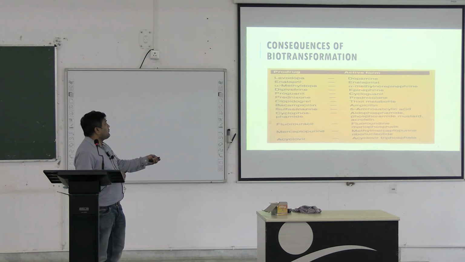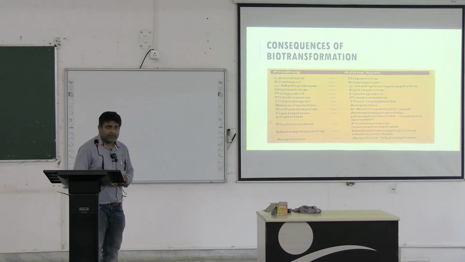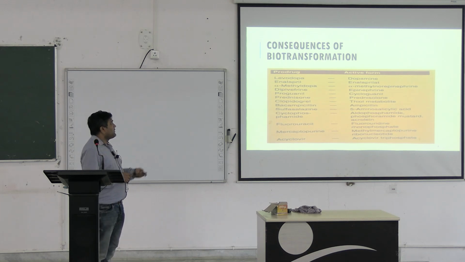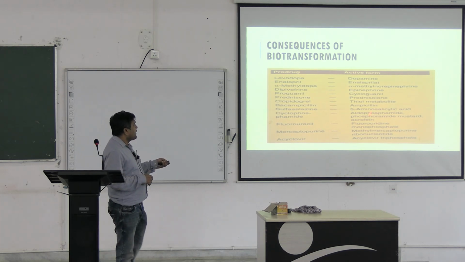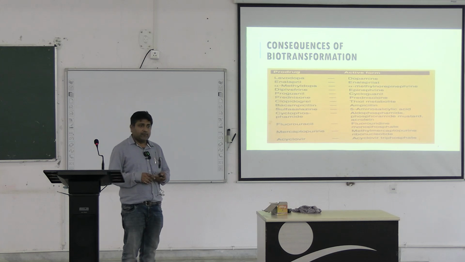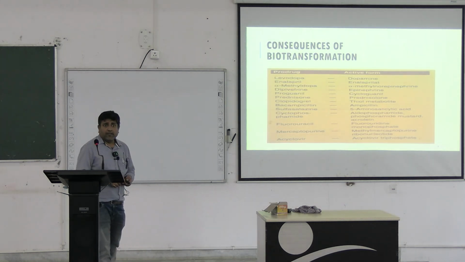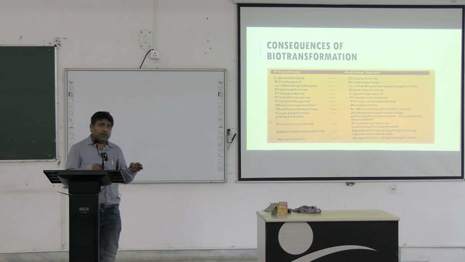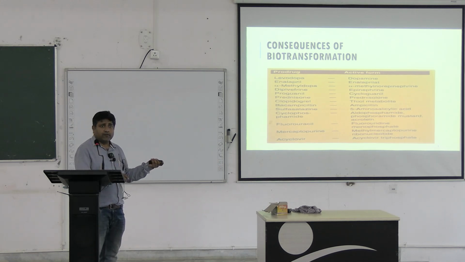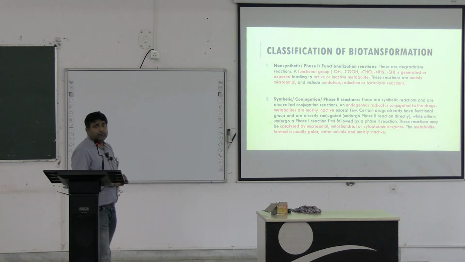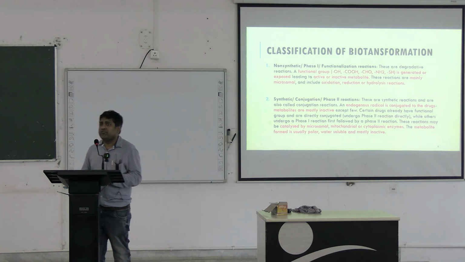The active form is enalaprilat. Alpha methyl dopa, alpha methyl norepinephrine, dipivefrin, epinephrine, proguanil, cycloguanil. So these are some of the examples of prodrugs. This can be asked in the exams and even in the viva. Now come to the classification of biotransformation.